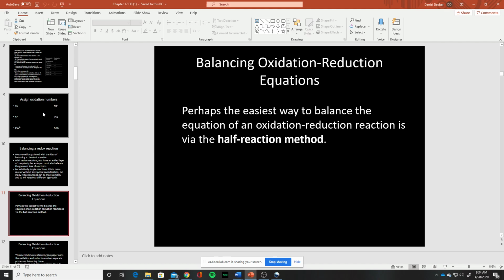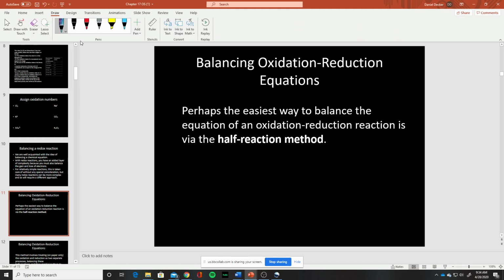And I couldn't really do it the way that I did balancing in my Gen Chem 1 class, because in Gen Chem 1, it's just you have what you have at the beginning, and that's all, so you could just give the students a spot to put in coefficients, and that's all you needed. But with redox reactions, what you start with is not necessarily the only thing you have at the end. You can have H plus, or you can have OH minus, or other things in the reaction at the end.